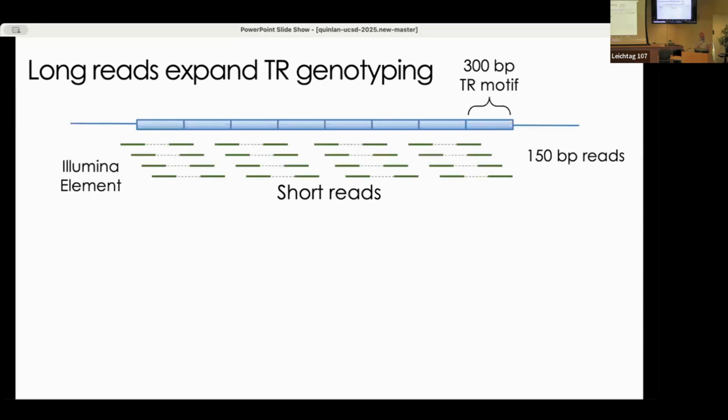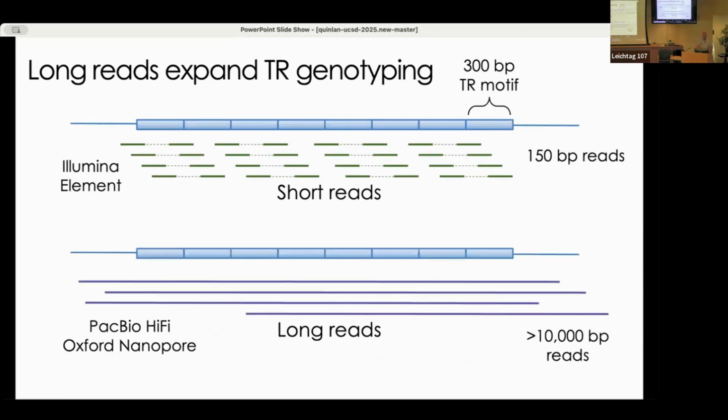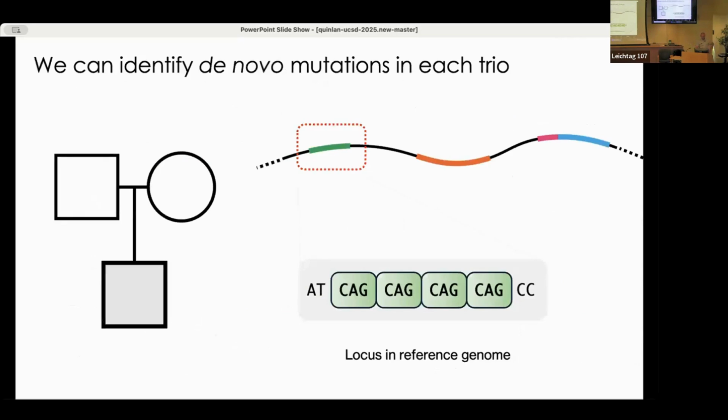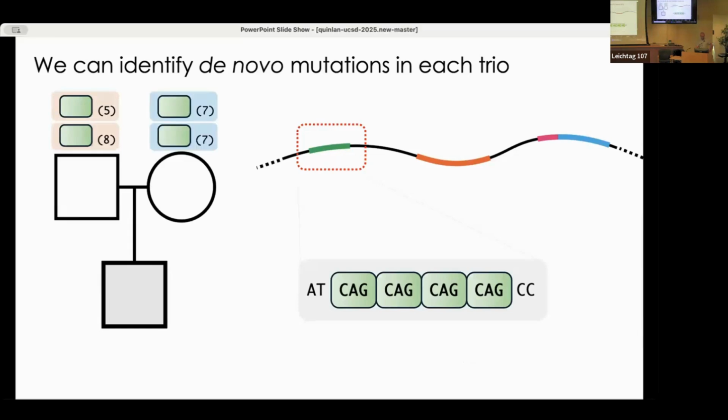And so that's probably obvious to all of you because you know sequencing technologies, but unlike short reads, if this is a TR locus in blue at the top, we need really long reads to span through it to actually measure how many motifs are in that haplotype. And so we can do this in each trio. So we basically can use these sequencing technologies to count the number of motifs. So let's say dad is heterozygous for one haplotype with 5 repeats. The other one has 8.